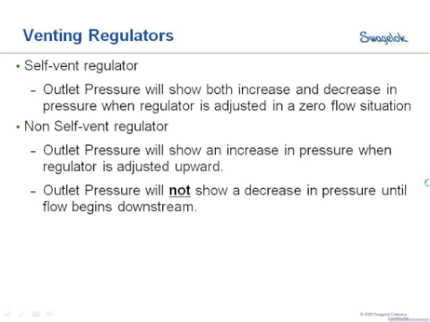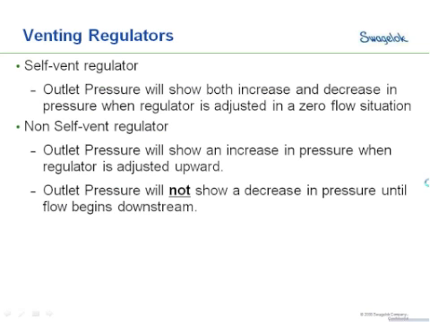If we compare that against a non-venting or a non-self-vent regulator, we'll still be able to increase the outlet pressure in a non-flow situation, but we will not be able to decrease the outlet pressure unless there is demand downstream.